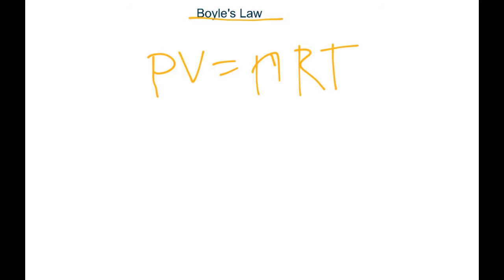So simply write out the ideal gas law, PV equals nRT, and we know that Boyle's law compares pressure and volume, assuming constant moles and constant temperature. So what you do is that you ignore everything that's not these two.